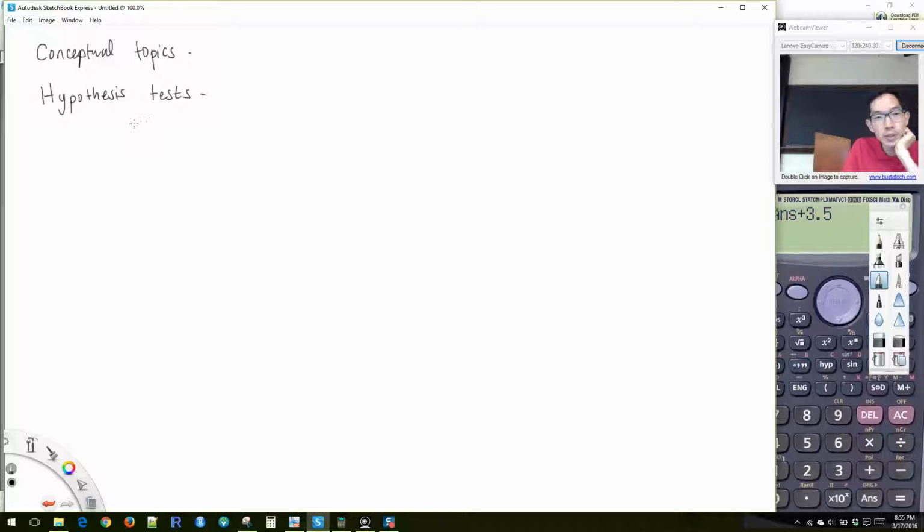So as far as decisions go, the decisions are either reject the null and support the alternative, or do not reject the null and do not support the alternative.